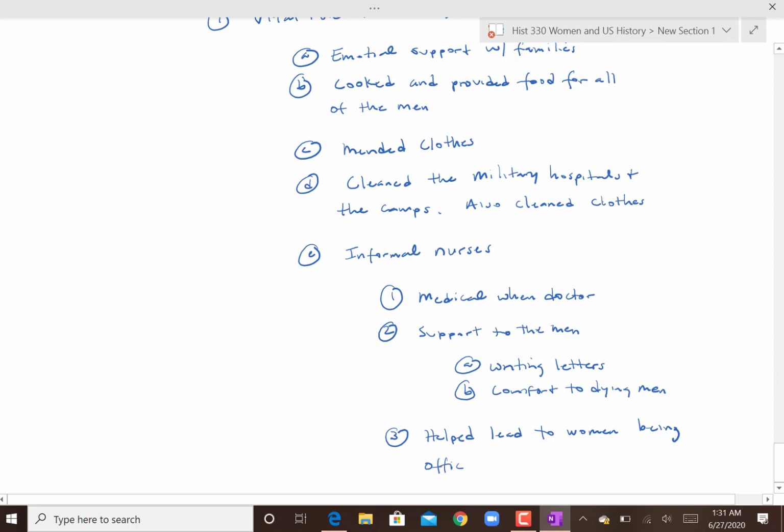By the Civil War, women were now nurses. So it became an acceptable job, not right off the bat, but because of what women did as camp followers, it became an acceptable job for women to be nurses officially, and that became an expanded, right, this kind of branch of what jobs women can do. Well, it's midwife at this point is about it, and then outside of the home, right, and then nursing is going to add to it.